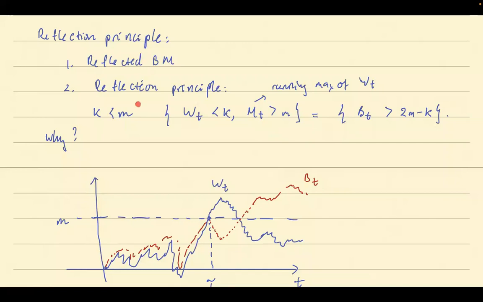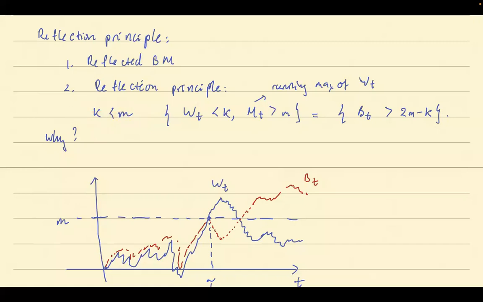Notice that if you look at it superficially, you say it's believable. But if you study it, there's something a little bit subtle going on. So you want to understand completely. Notice that if K is not less than M, then this is not true. You need this. You need this, all right?